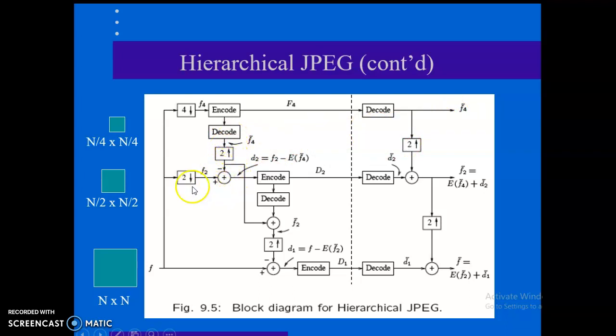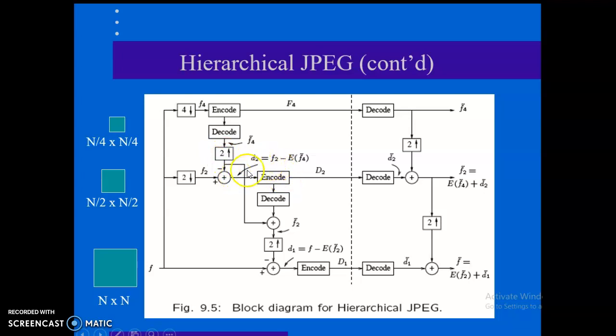This is summation. Here 2, sorry, 2 encode f2 is given to the summation. After this, encode is given to decode; d cap is the d approximation.